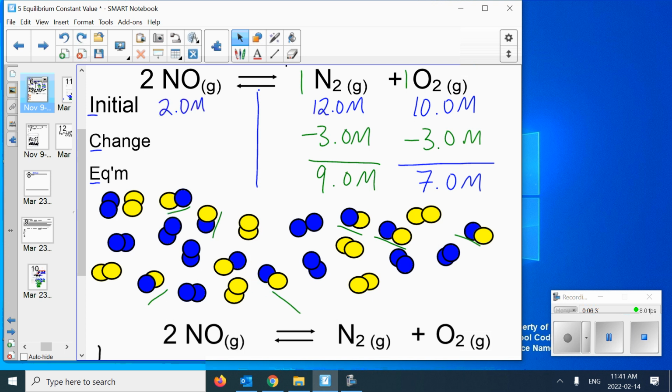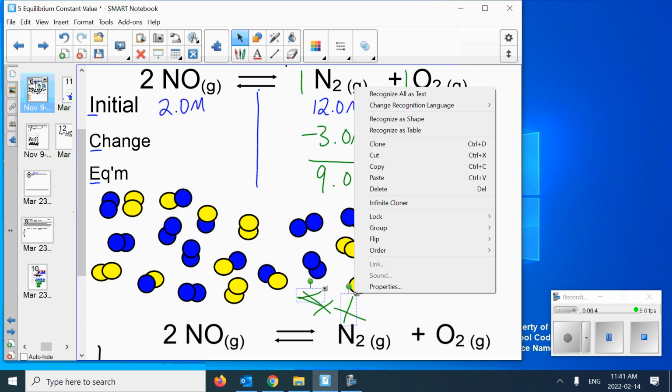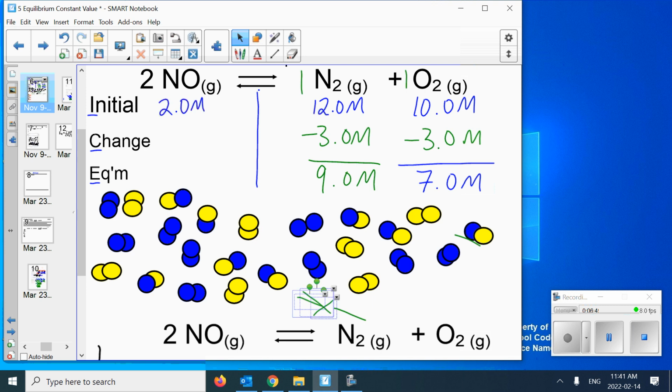Okay, I'm going to get rid of the green sticks here that I was just using to count. I've got 8. Does that make sense from our change column? Well, think about this. If the right-hand side was going down by 3, the left-hand side has to go up.